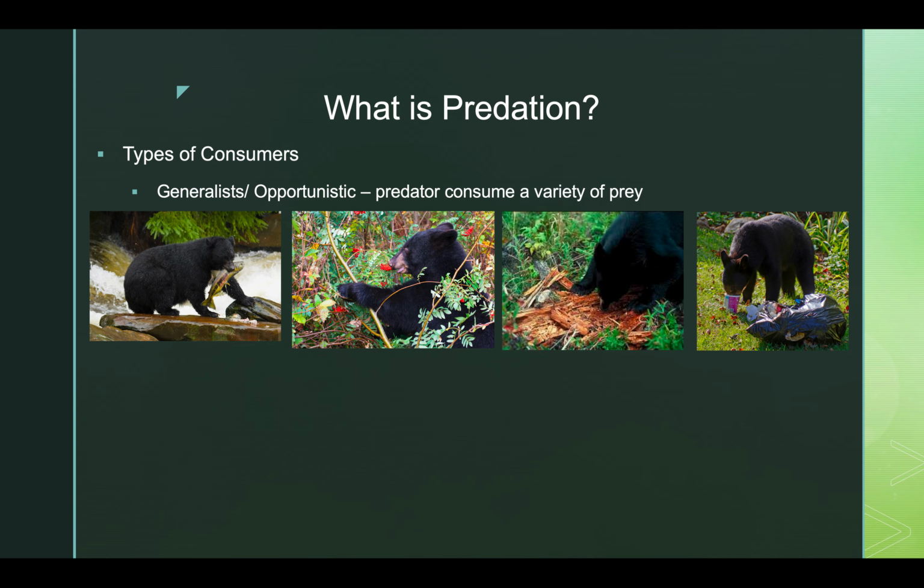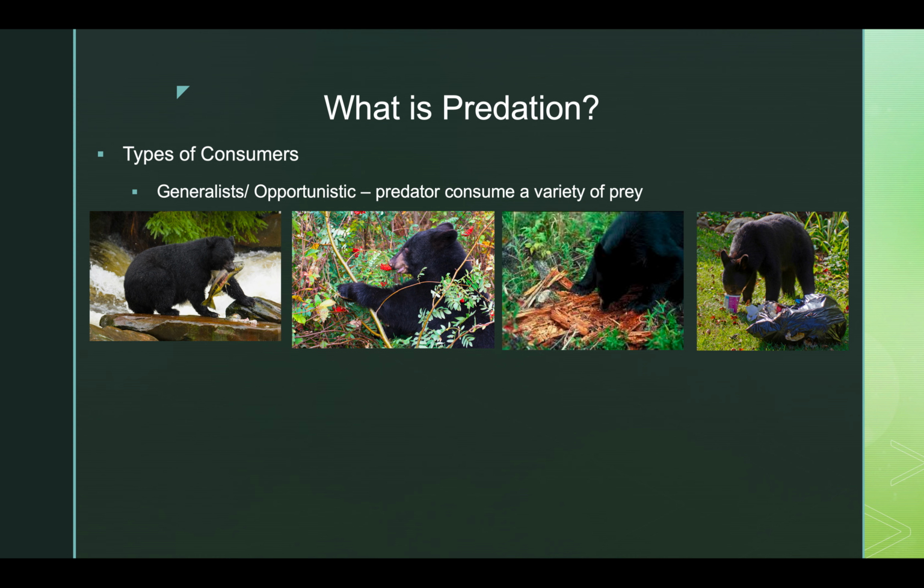So let's break down the types of consumers. When we talk about the types of consumers, we're really talking about the types of food they're going to be going after. Generalists, or opportunistic feeders, are predators that can consume a really wide range of prey. And there's a lot of advantages to this, right? If you are a consumer with big variability in your prey availability, you are happy eating a lot of different things.